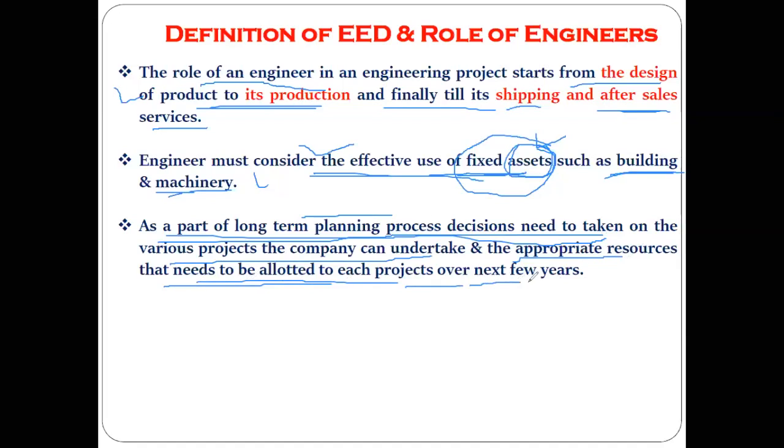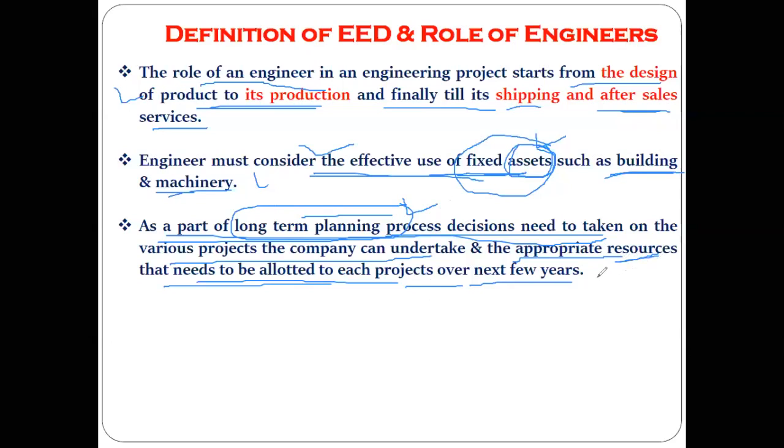In case some project is going to require 2 or 3 years, for such a project long term planning needs to be done. And in this long term planning, the engineer also needs to play their role, related to what kind of resources will be required to complete that particular project.